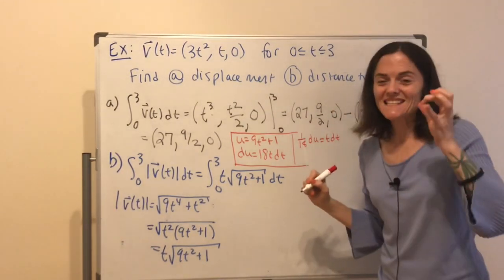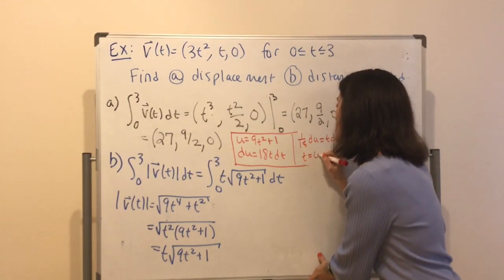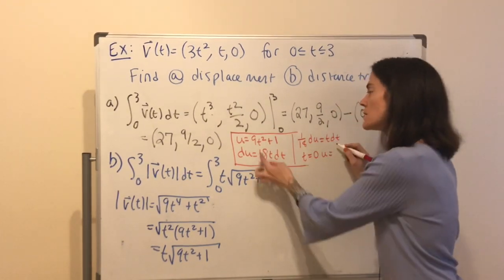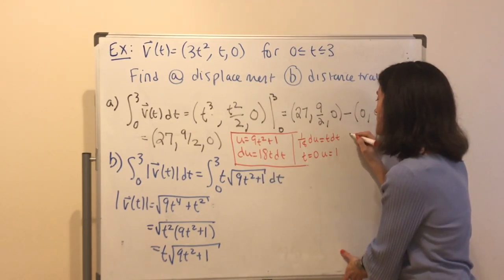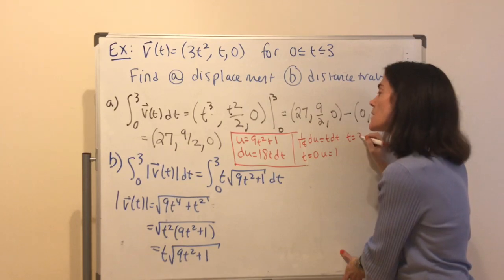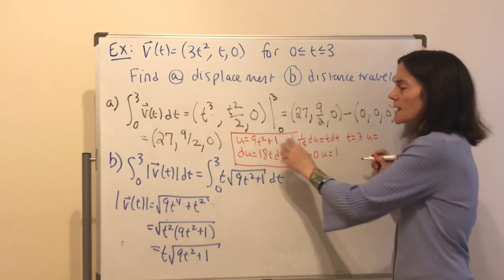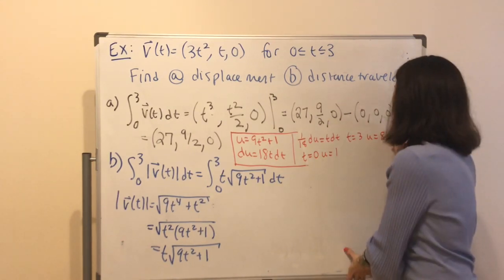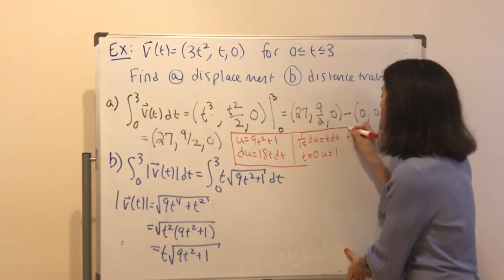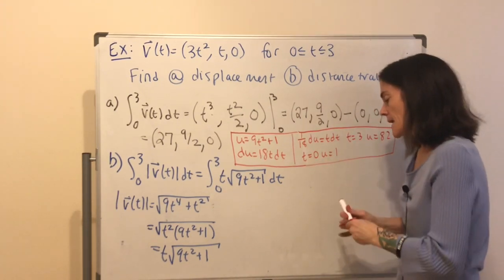Now I always change my bounds with substitution. When t equals 0, u equals 1. And then the final one is when t equals 3, u equals, well, let's see, 9 times 9, 81 plus 1, 82. Okay, so here is all of my work for the substitution.